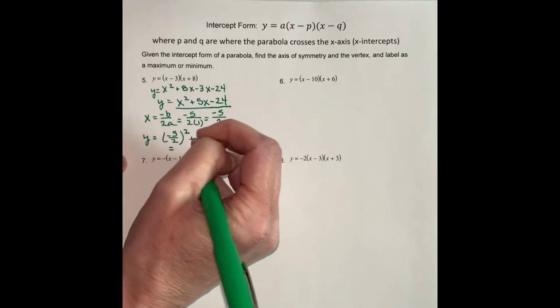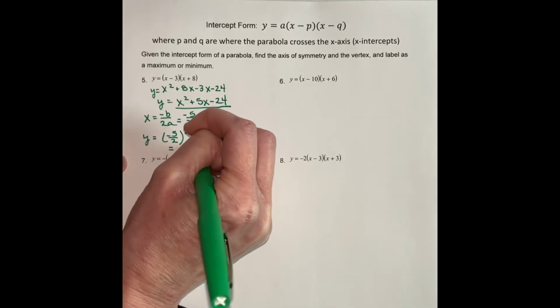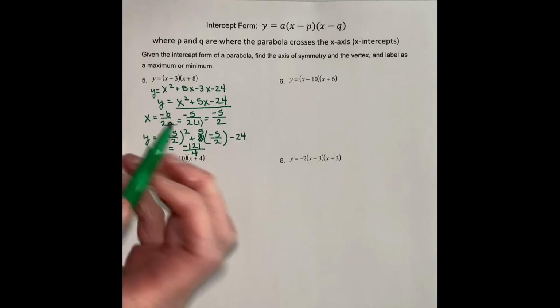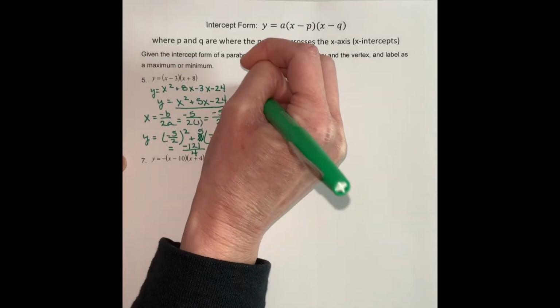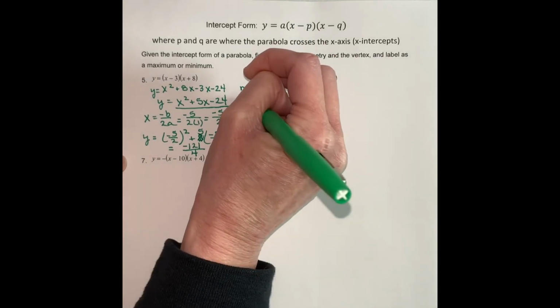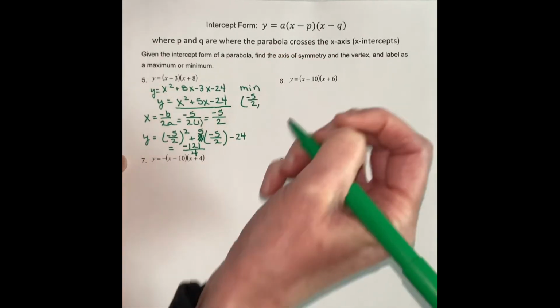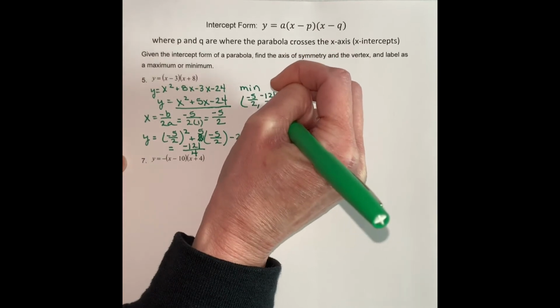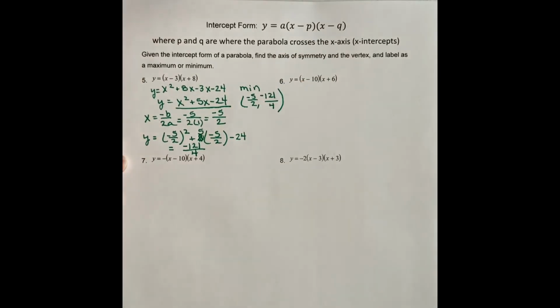And that will give me negative 121 over 4. You definitely want a calculator on that one. Let's go back now and look. This was positive, so this was a min. And my vertex is at negative 5 over 2 and negative 121 over 4. So that's okay, fractions can happen.